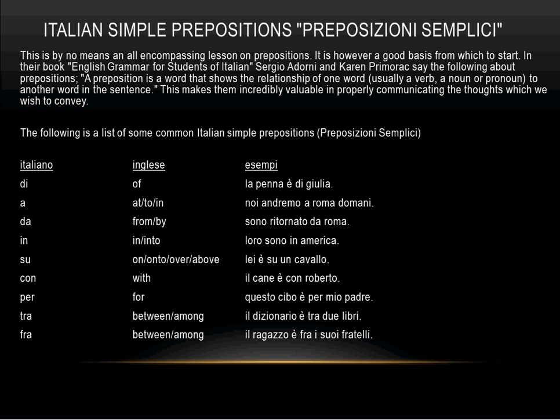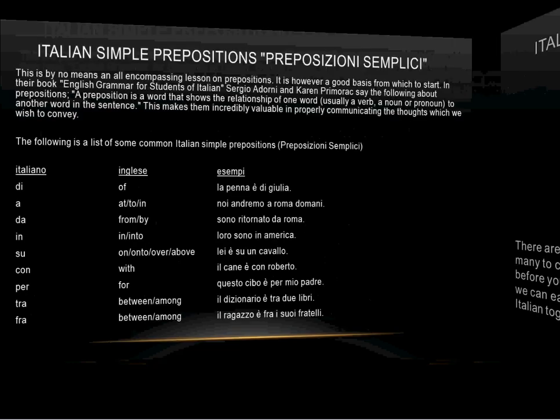Questo cibo è per mio padre. This food is for my father. Il dizionario è tra due libri. The dictionary is between two books. And il ragazzo è fra i suoi fratelli. The boy is among his brothers. So, simple examples of the uses of simple prepositions.